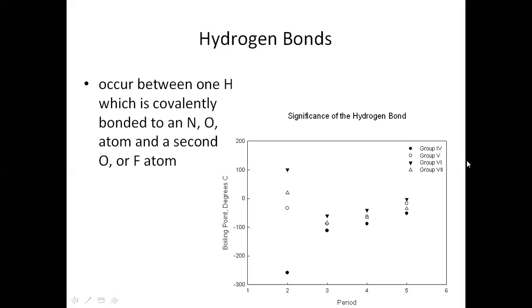Carbon compounds do not. I'm stressing this in particular because, especially in organic chemistry, we see readily that lots of students want to say that hydrogen attached to carbon participates in hydrogen bonding. That is not true.